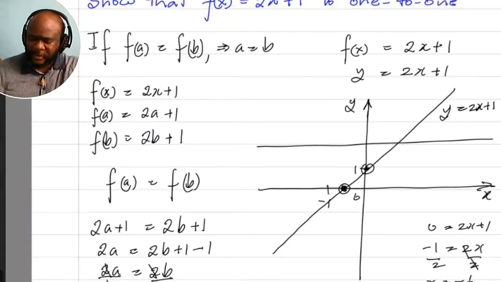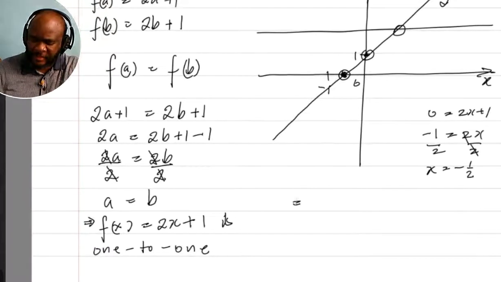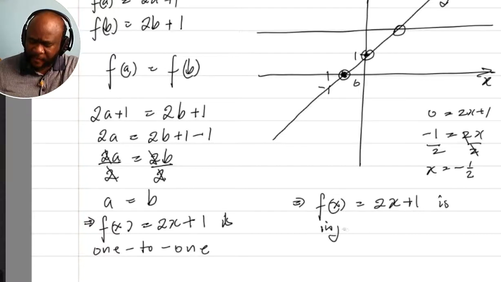Notice that this line cuts the graph only once. Therefore, again, f of x, which is equal to 2x plus 1, is injective, which is the same as saying it is 1 to 1.